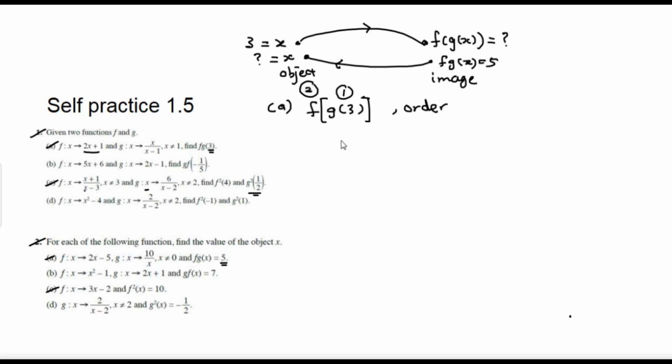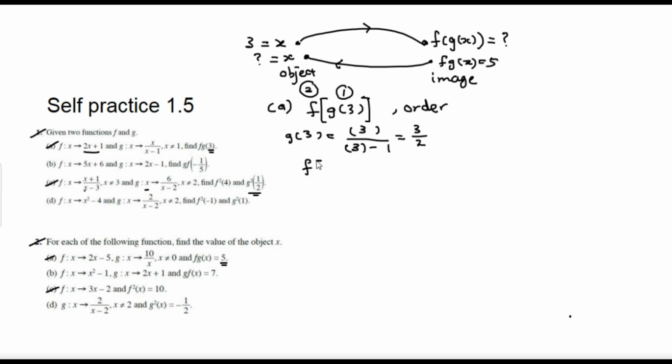So the first thing you have to evaluate is g(3). Start with function g. g(x) is equal to x over x minus 1. So g(3) is 3 over 3 minus 1. We get 3 over 2.